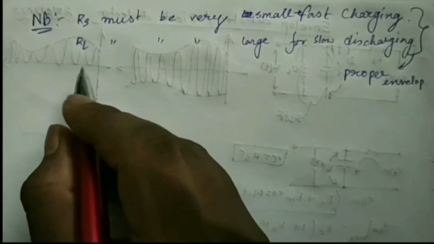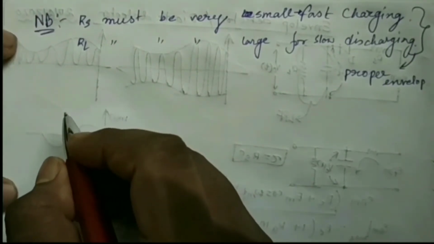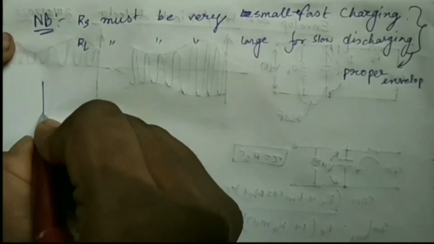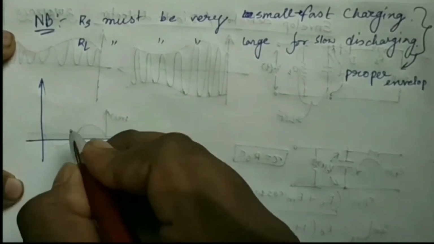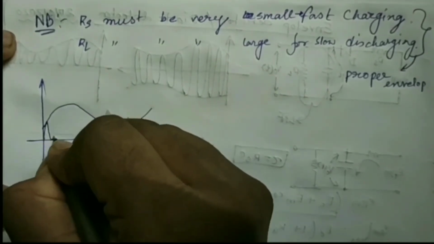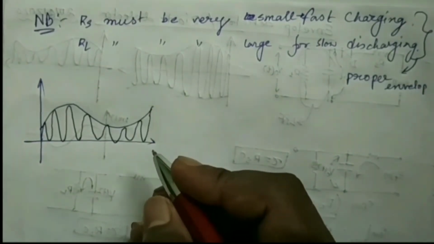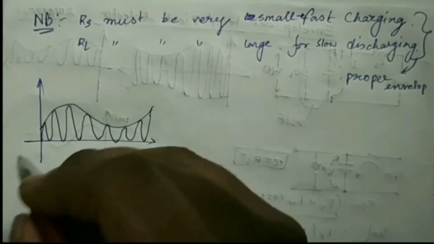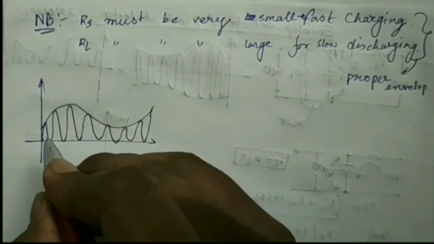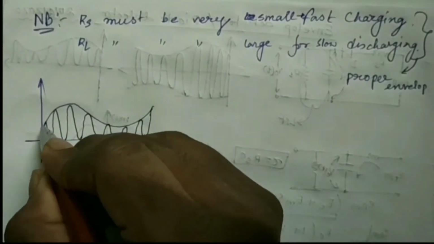Now let us justify this point. Suppose slow charging is occurring. This is the input. If slow charging occurs, then the charging graph, that is the VCT graph, will not follow the message signal or the carrier signal.